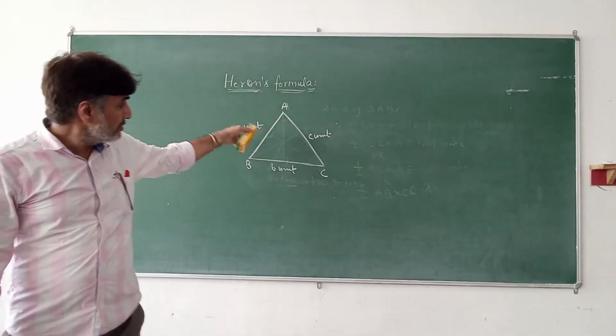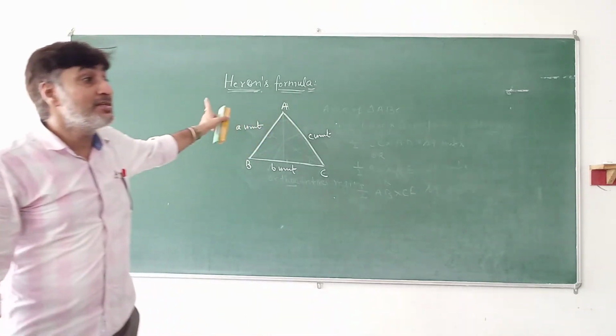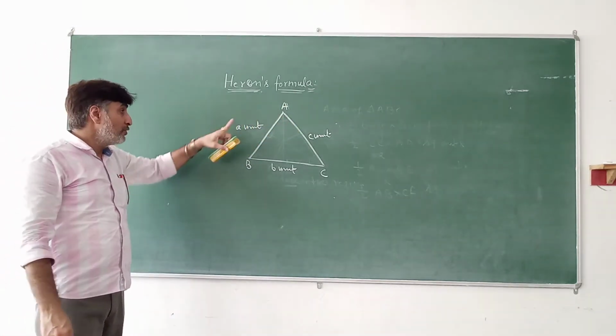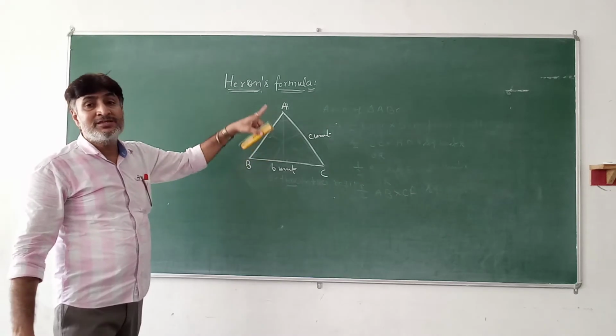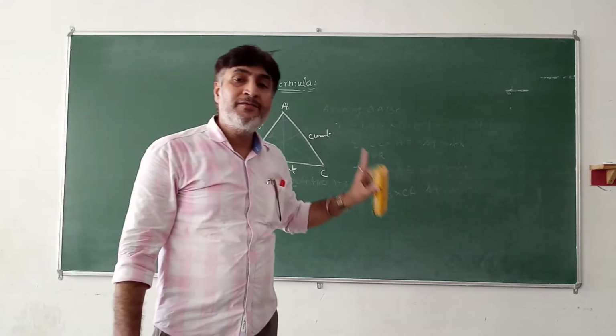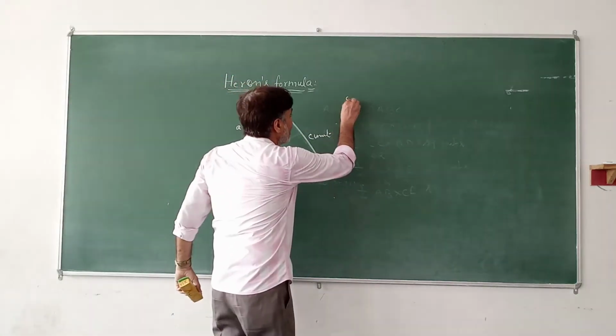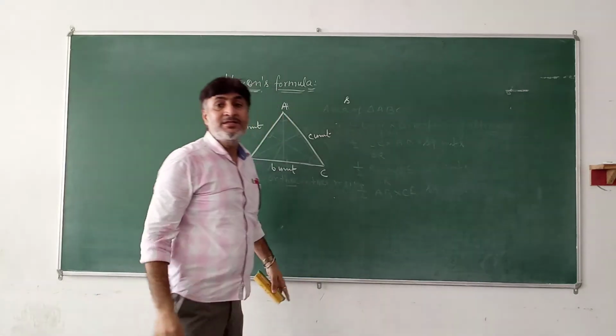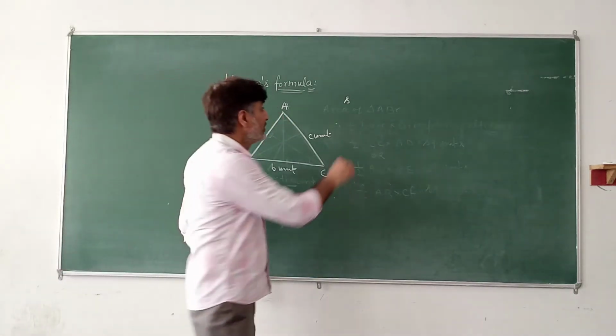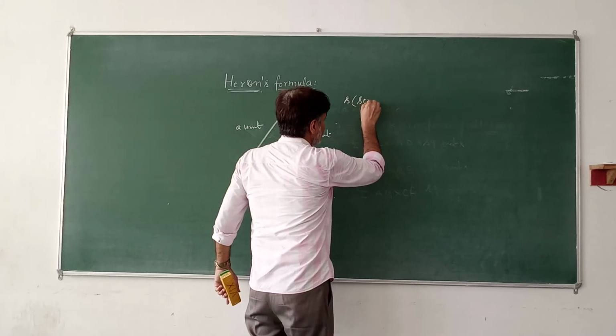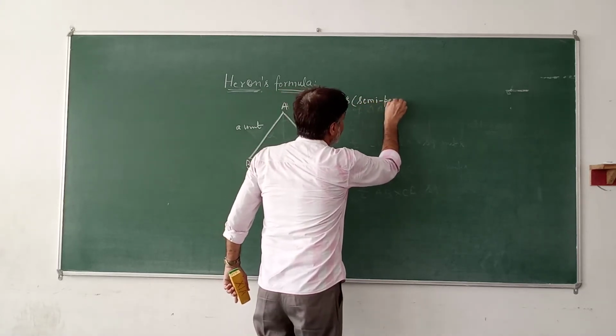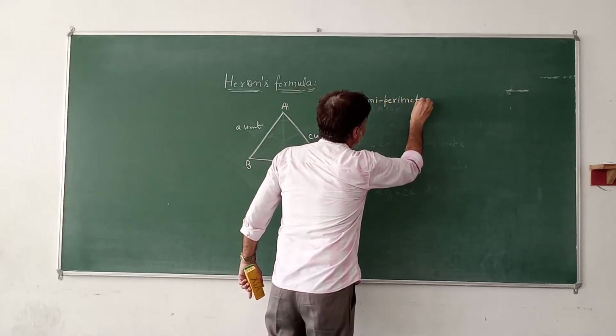Then here, since the lengths of all three sides are given, for finding the area of this triangle, first of all we have to find small s. Small s means semi-perimeter, and semi-perimeter means, students, half of the perimeter.